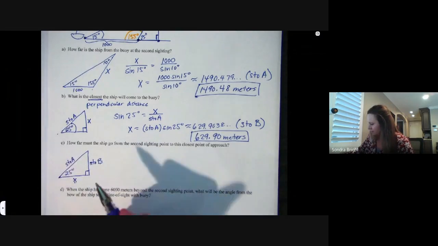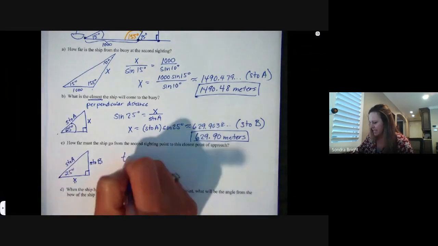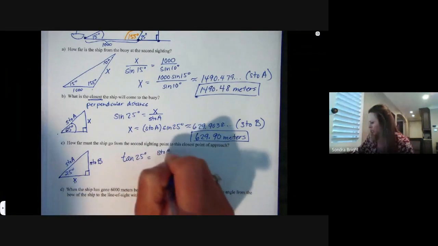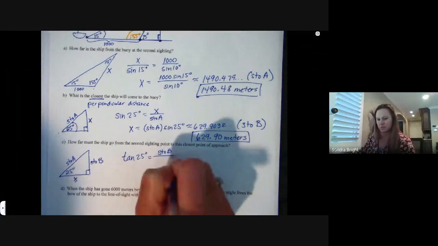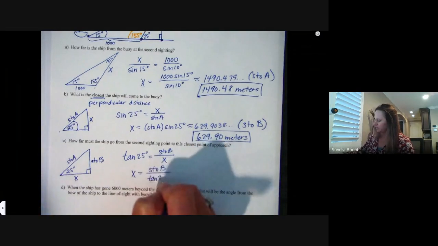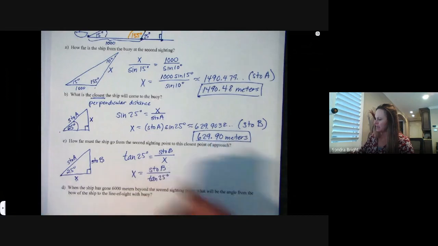Tangent of 25 degrees is that stored B value over x. To solve for x, multiply both sides by x, and then divide by tangent of 25.